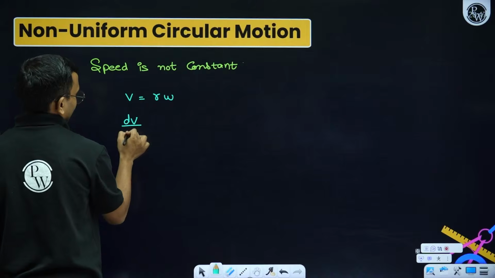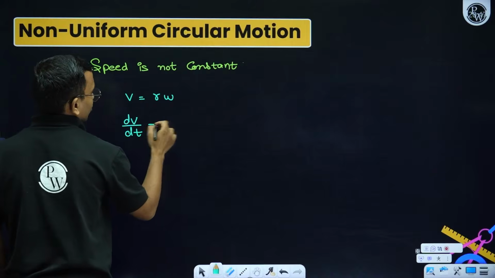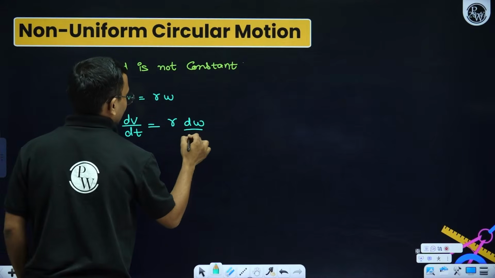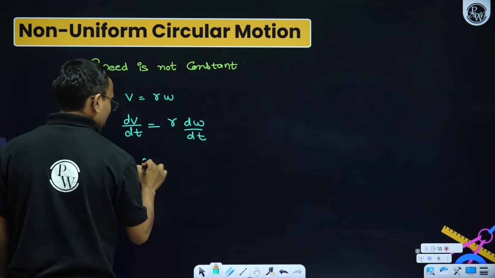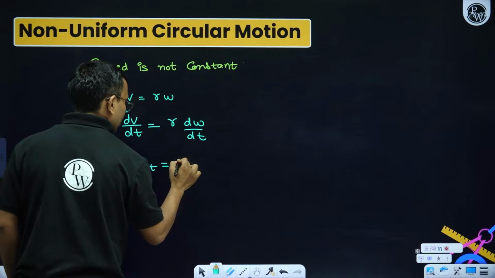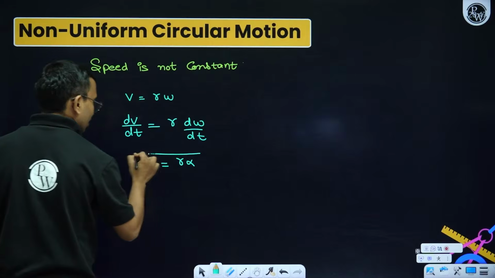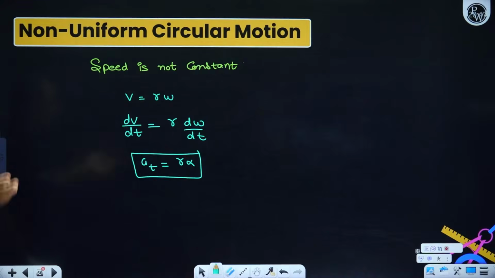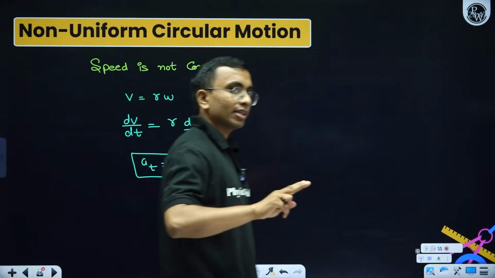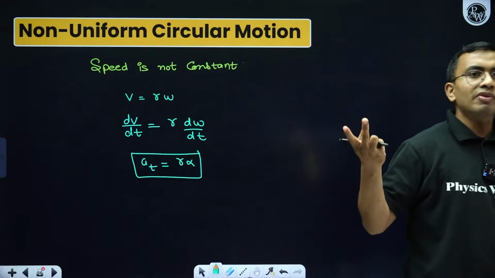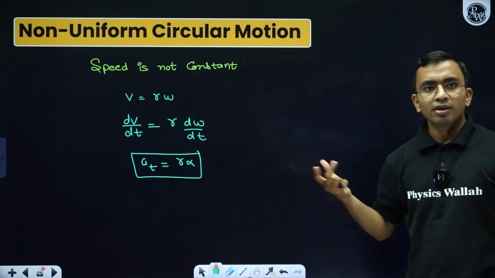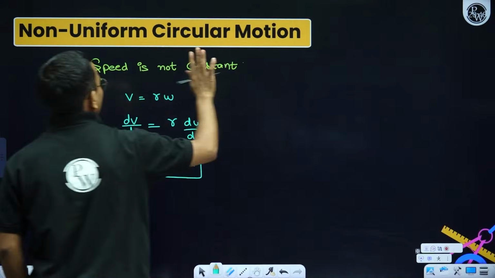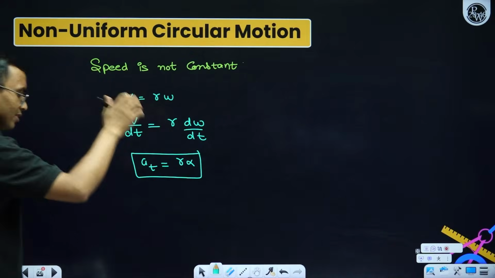If I say the change in the magnitude of the speed, that is R into d omega by dt, that is my R alpha. This we are calling the tangential acceleration, that is along the tangent. It can be in the direction of velocity or opposite to the direction of velocity, depending upon whether your alpha is positive or negative. That's all. Centripetal acceleration will always be there.